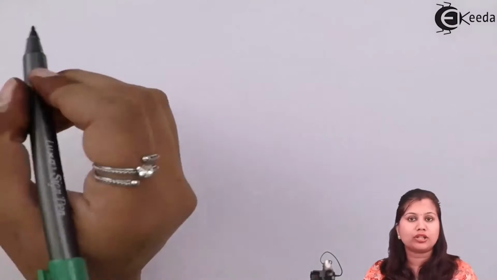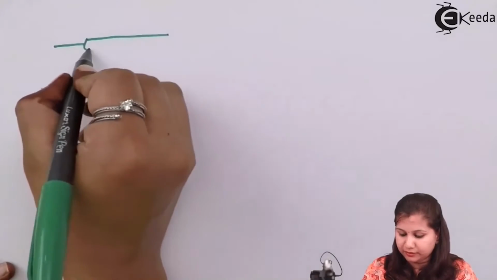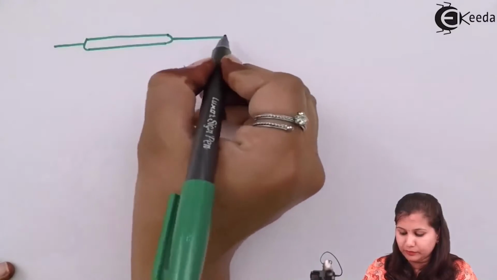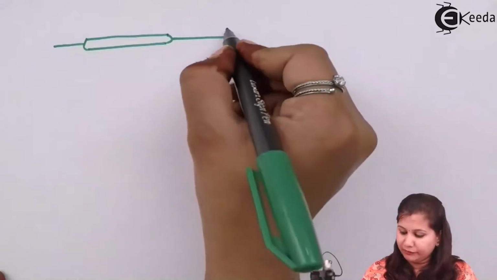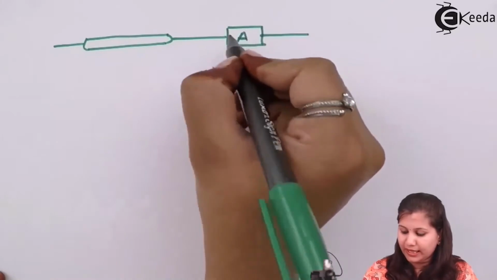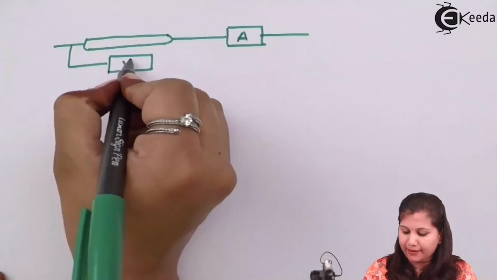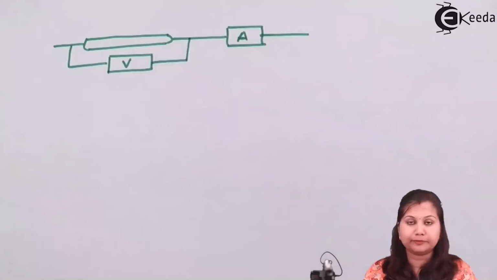Suppose we are measuring the current. So this is our conductor. If we are measuring the current, we will connect the ammeter in series with it, and if we are measuring the voltage, we will connect it in parallel across the conductor.